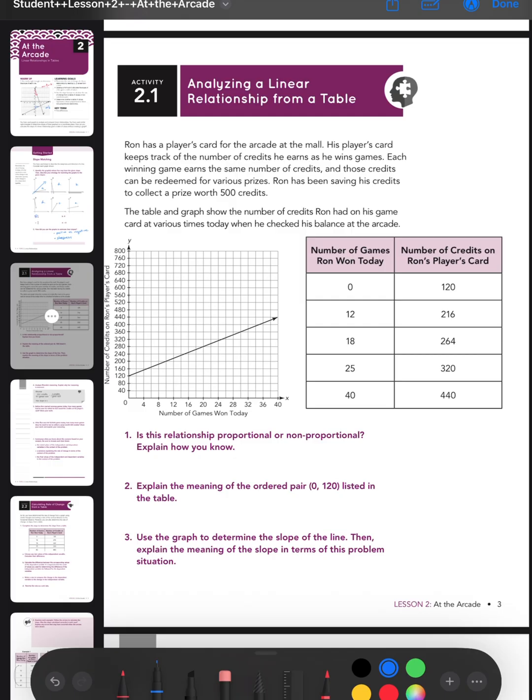We have that initial value of 120, which means it's not proportional because it doesn't start at 0, 0. So it doesn't pass through 0, 0. So again, back to the meaning of that ordered pair 0, 120.